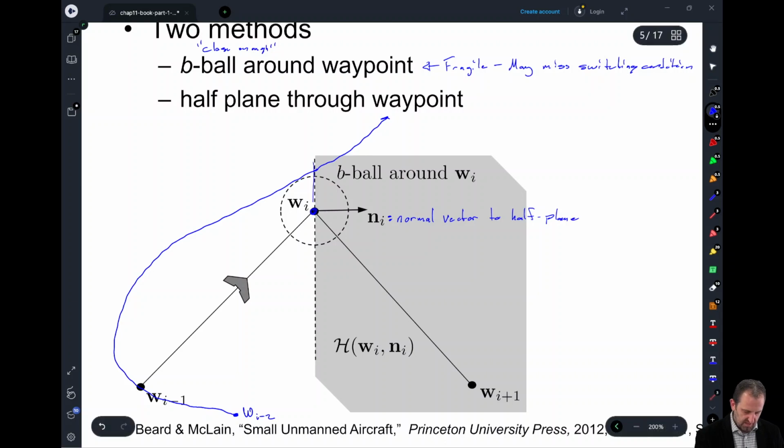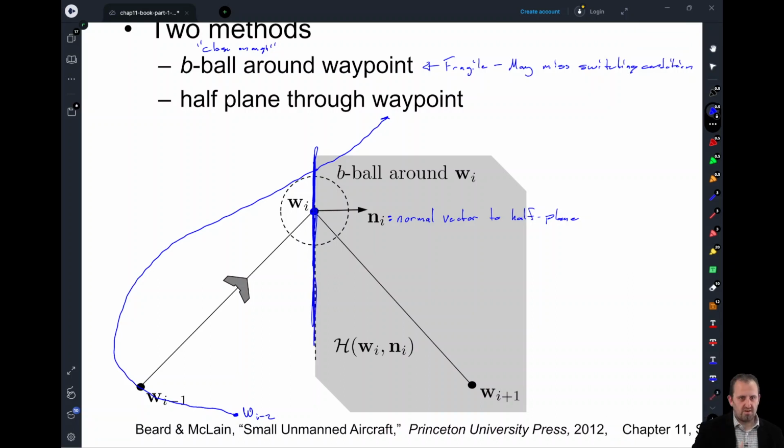As we come in here, that normal vector is normal to this line that I'm drawing in blue, but in reality, it's a line that goes all vertical up and down. So it's actually a plane there, and I should call it a half space, or half plane.